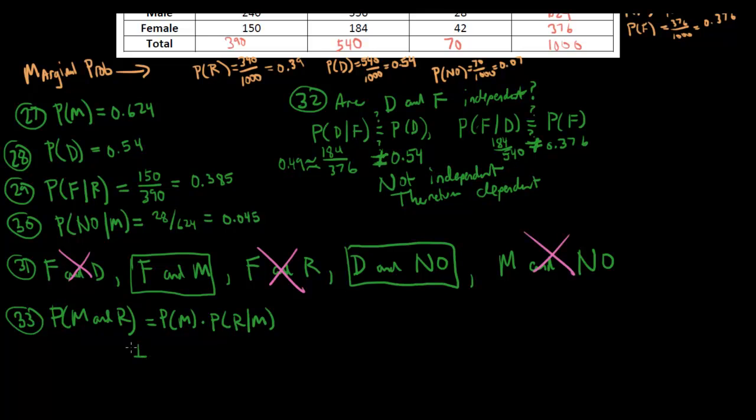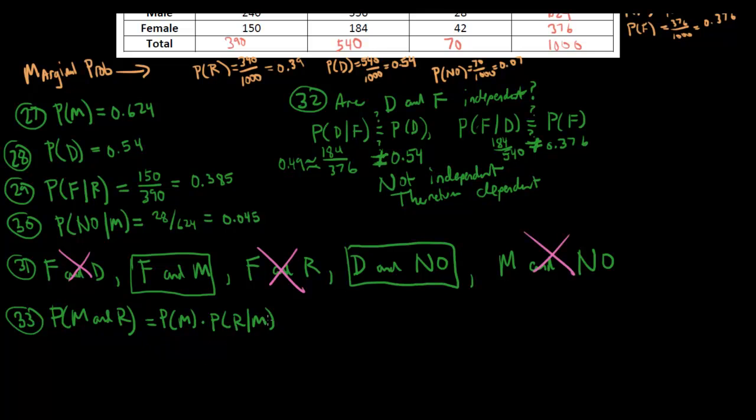So what I'm saying is, if M and R were independent, then the probability of Republican given male would equal the probability of Republican by definition, and so you would be multiplying the probability of male times the probability of a Republican, and everything would be good to go. Okay? But you can't assume two events are independent without checking first.